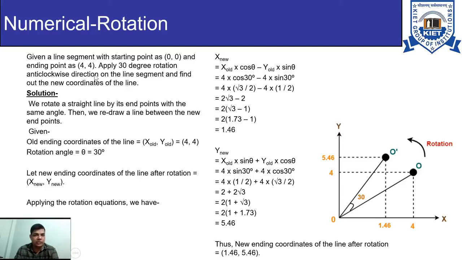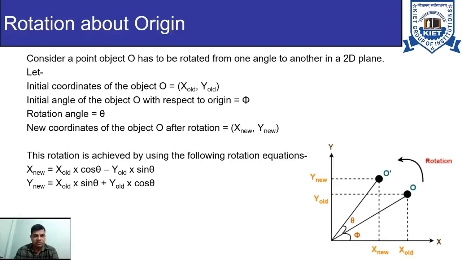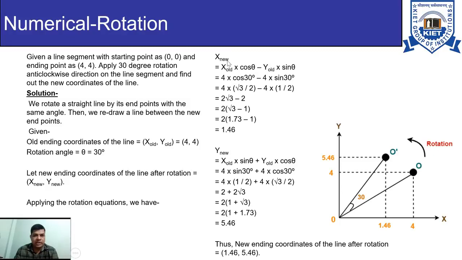The rotation is anti-clockwise, so theta is positive, that means 30° is positive. As per the transformation equations, we directly apply the formula: x new is equal to x old cos theta minus y old sin theta, and y new is equal to x old sin theta plus y old cos theta.